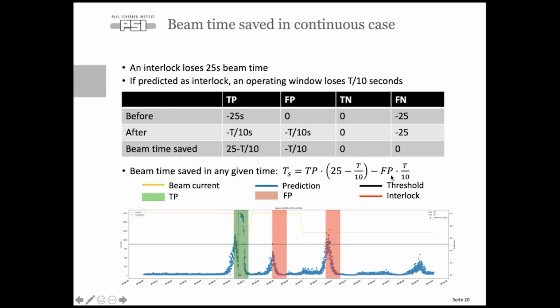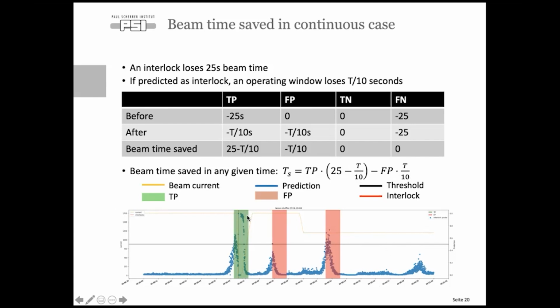So this is our beam time saved in a continuous case, which depends on the length of our operating window t, and it also depends on the classification threshold we defined, because this defines the number of true positives and false positives. This is a real output as shown here. The yellow curve is the beam current, and the blue dots are our model prediction.